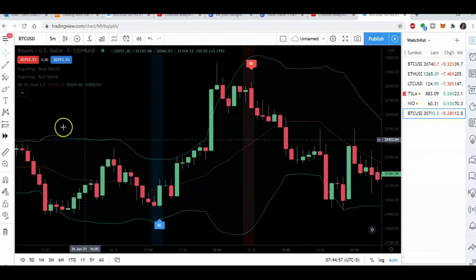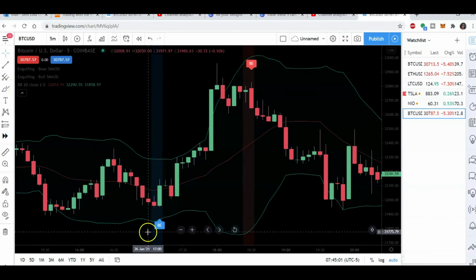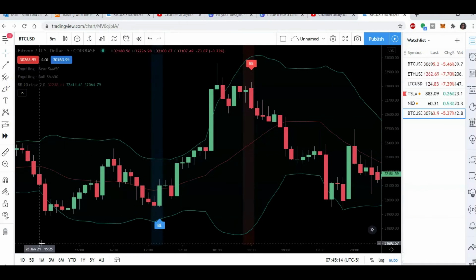And once we've done that and we've got our Bollinger up here, then we can see clearly that the Bollinger Bands actually confirm these two engulfing patterns, in that the bullish engulfing pattern shows up close to the bottom of the Bollinger Band, while the bearish pattern shows up close to the top of the Bollinger Bands, which would make them both perfect entry or exit points.